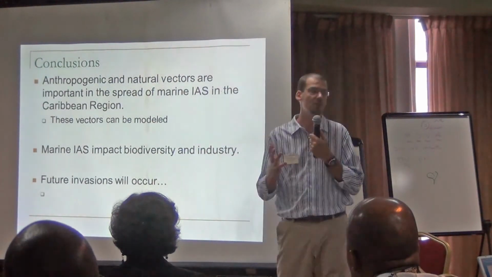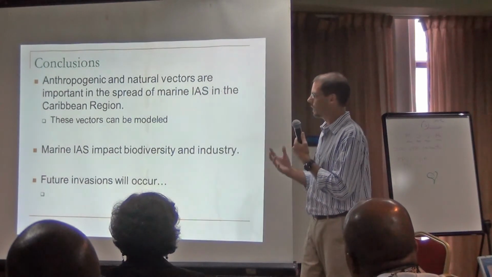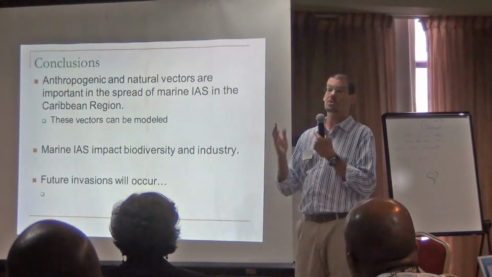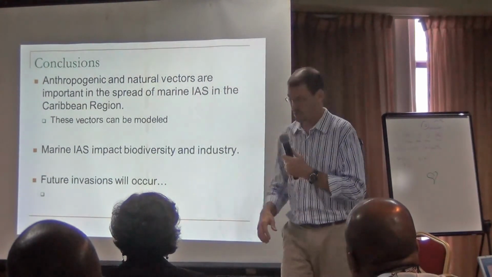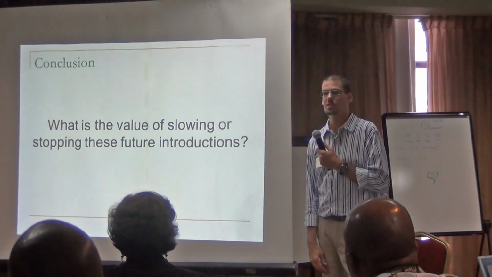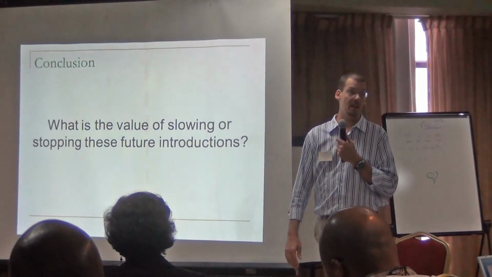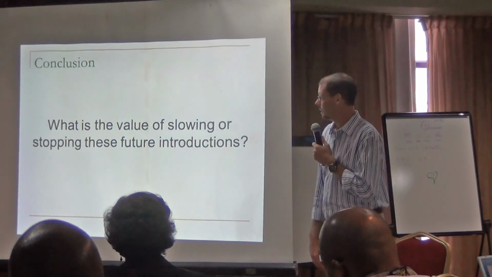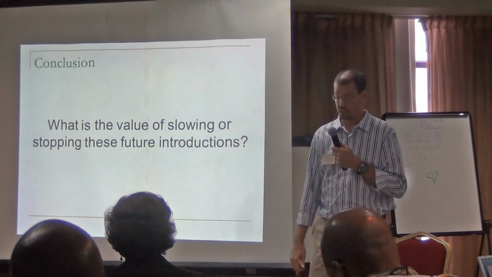And this is why I've been using something that's already spread, to try and parameterize those models so that when something new shows up, we can make predictions of where to look next. The underlying question is, what is the value of slowing or stopping these future introductions? That's what I like to think about. I would love to talk to the people in this room about it. And that's what I enjoy doing.